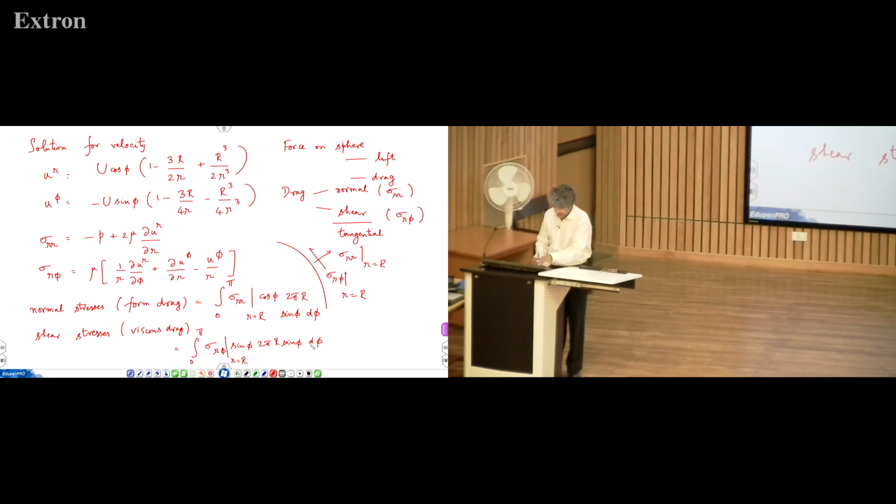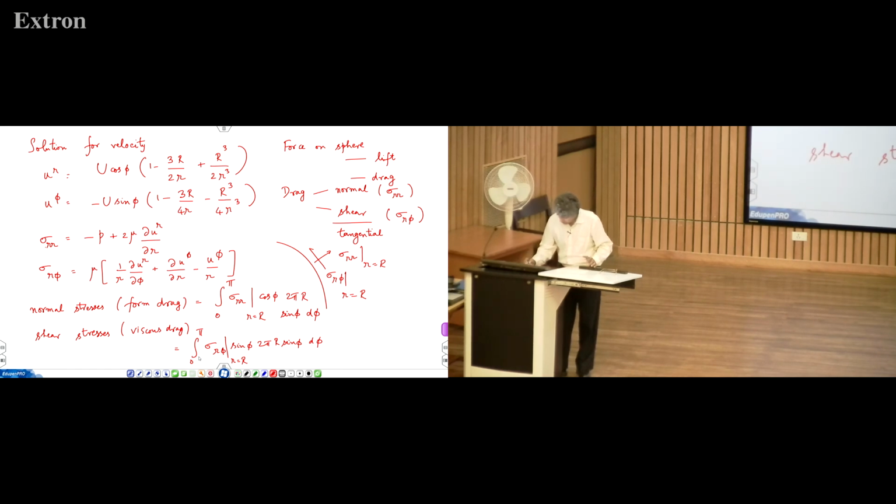The expressions in spherical coordinates can become a little long, but the steps involved are the same. That means solve for velocity, solve for pressure, substitute in the constitutive relationship, integrate those stresses on the surface of the object and get the forces.